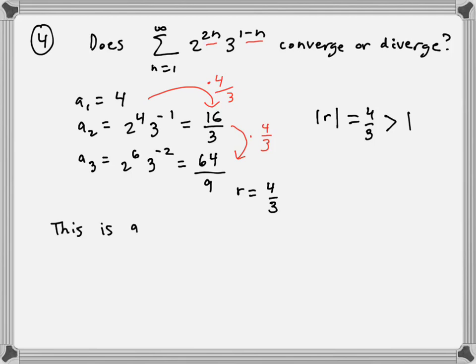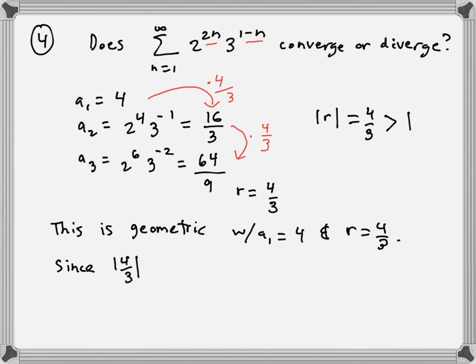Let me first say that this is geometric, with a1 equal to 4 and r equal to 4/3. Since the absolute value of 4/3, which is bigger than or equal to 1, the series diverges.